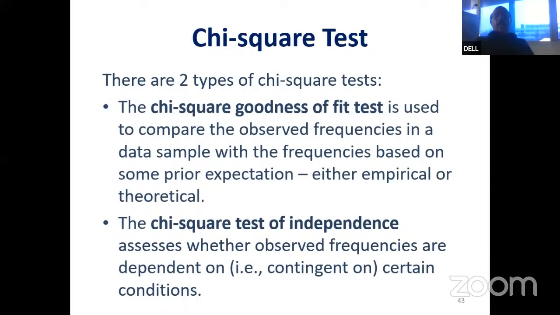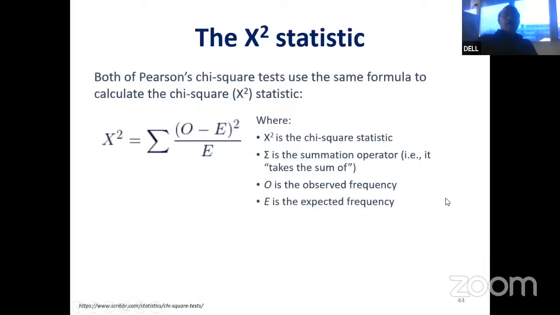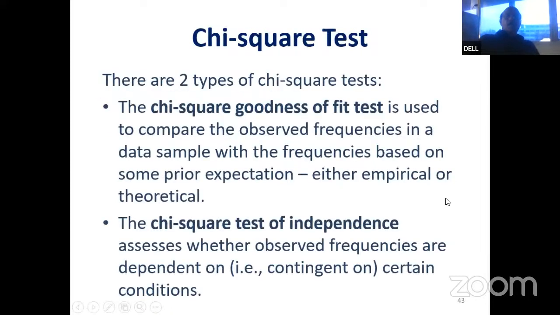Here the chi-square test is of two types. There are the goodness of fit test and the chi-square test of independence, or association. There are other tests and related procedures also.